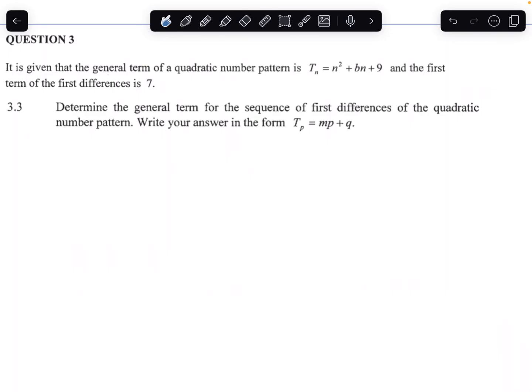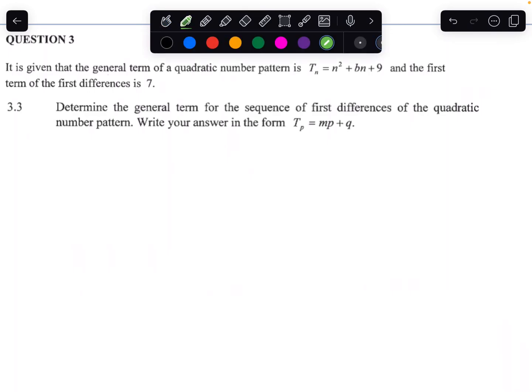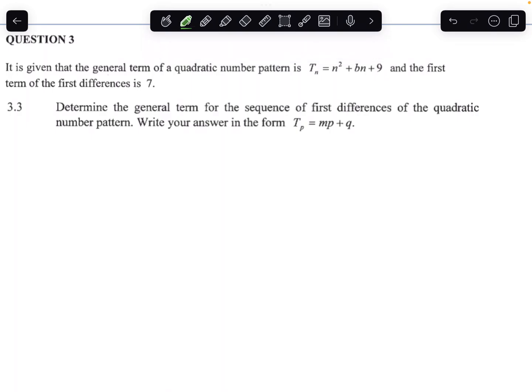Then the next question is, determine the general term for the sequence of first differences of the quadratic number pattern. Write your answer in the form Tp equals mp plus q. So we have the quadratic pattern that we've been given. I'm just going to generate the first few terms using this formula.